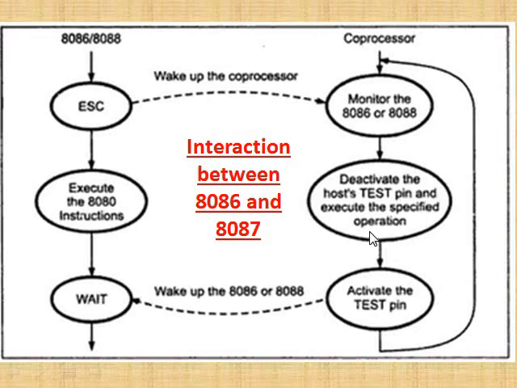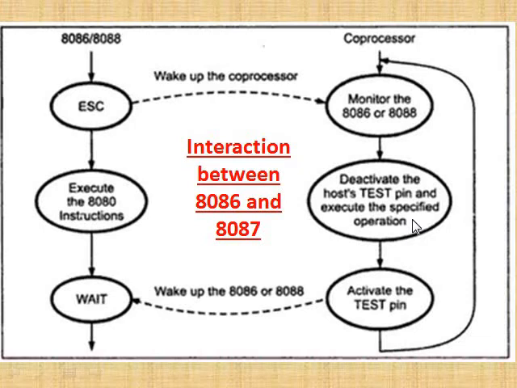The specified operation can be an opcode, sometimes an opcode with an operand. The operand means the data will be stored in memory. At that time, if it is a single data, then 8086 helps the coprocessor to fetch the data, because the coprocessor doesn't calculate the physical address. The physical address is 20 bits. So the data will be sent from the main processor to the coprocessor, then the coprocessor executes this operation.